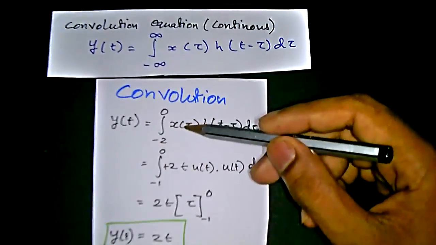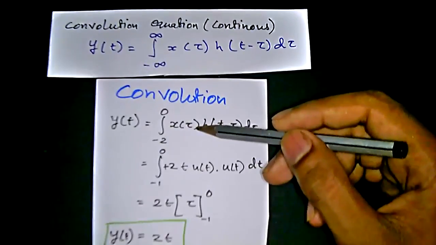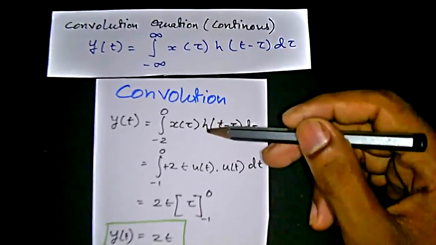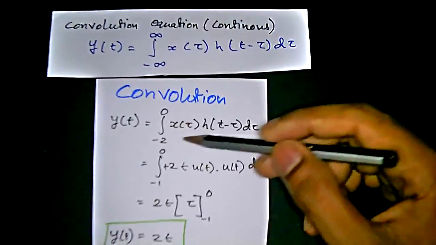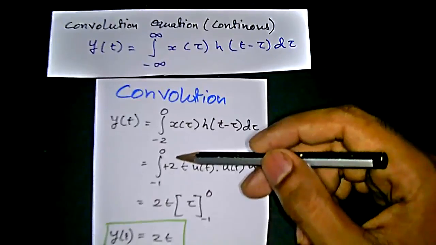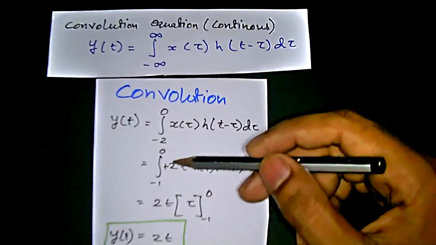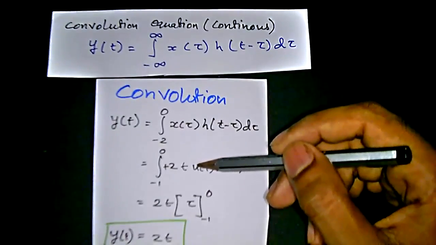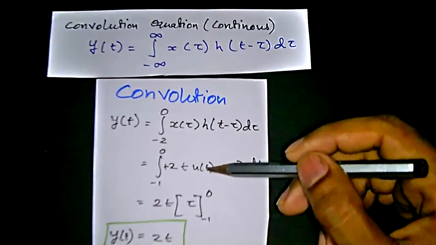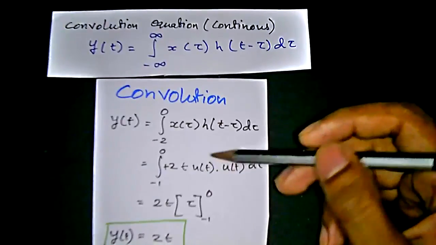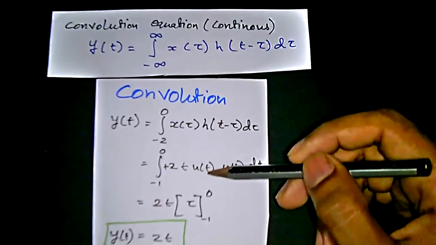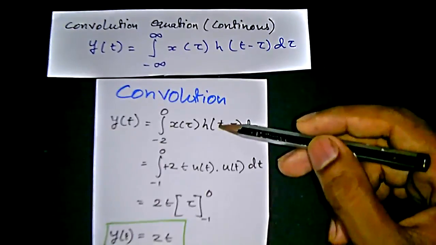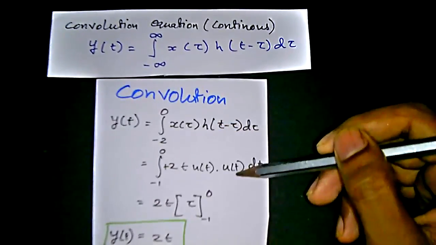So we are substituting x of t as 2 times u of t, that is, in the ramp signal we have 2t as the slope value. t u of t is r of t, the ramp signal. So t u of t gives the ramp signal, and here h of t minus tau gives the u of t.